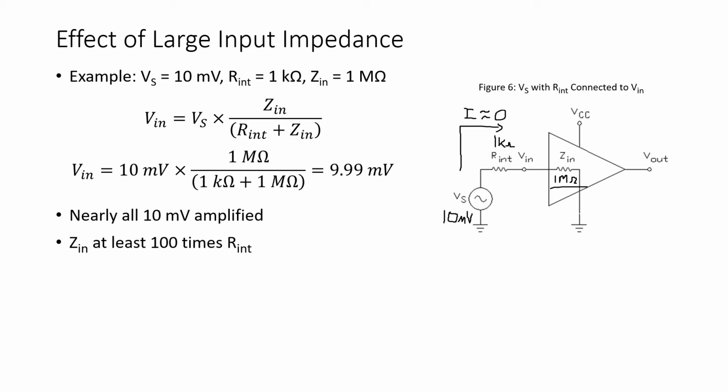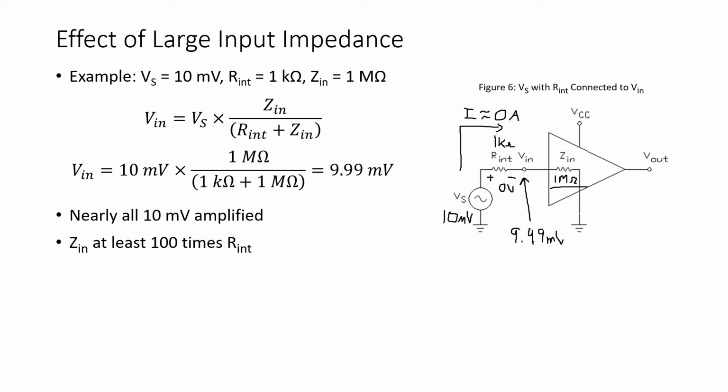So this current is almost zero. Therefore, the voltage dropped across R internal is going to be approaching 0 volts, and the voltage applied to Vin is going to be approaching 10 millivolts. Mathematically, we end up with 9.99 millivolts to be amplified.